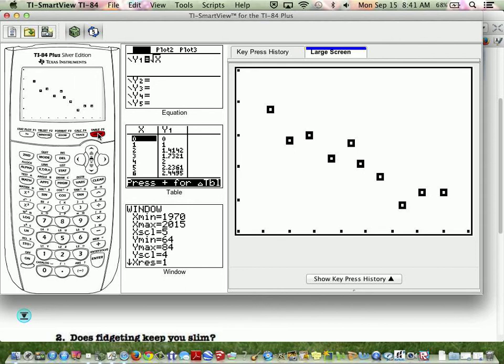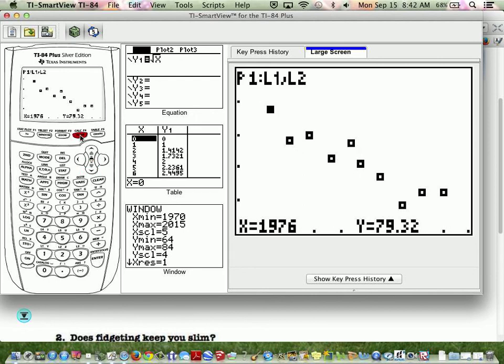I know that. Now, if you are going to pick a couple points to draw a straight line through, that's what we're supposed to do first. Which two might we pick? So you could hit the trace button up here, and it will tell you exactly what dot you have highlighted.